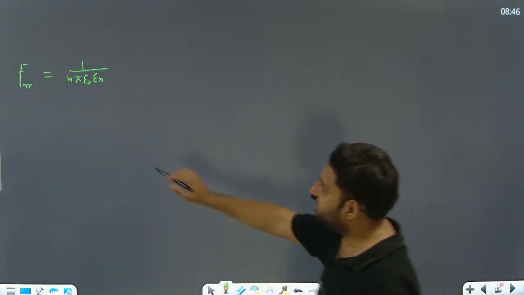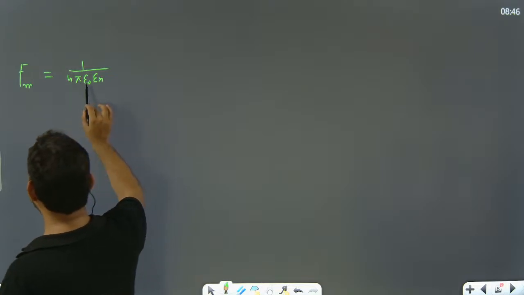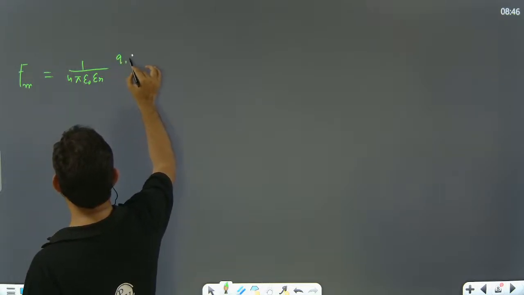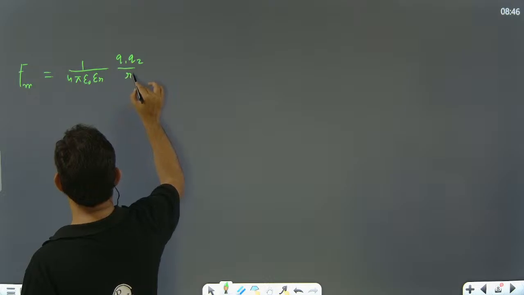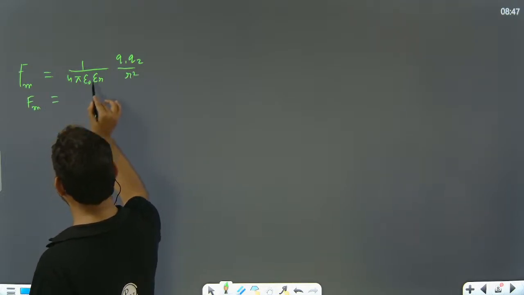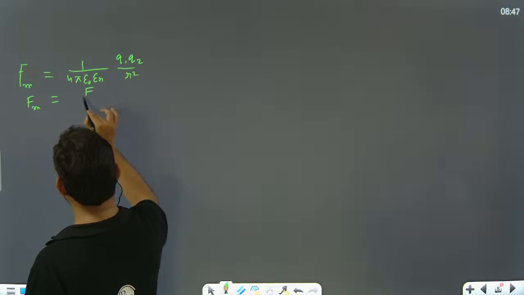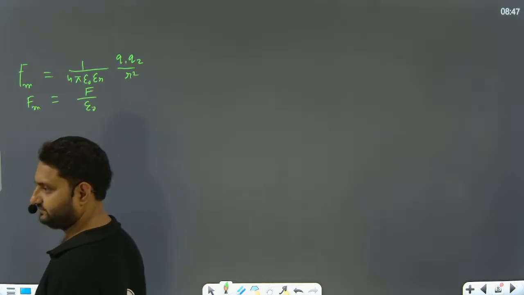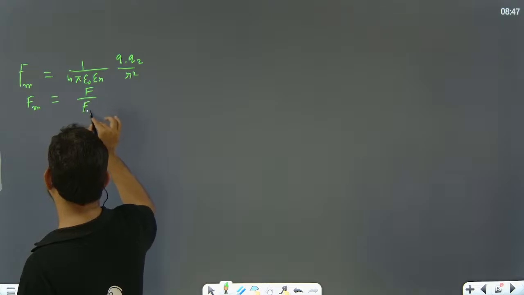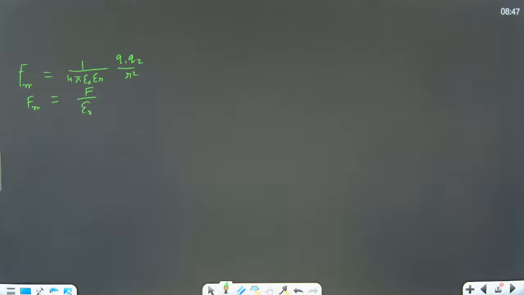So here I can say Fm is equal to 1 upon 4 pi epsilon r into q1 q2 upon r square. So this Fm is actually equal to F upon epsilon r. Clear?